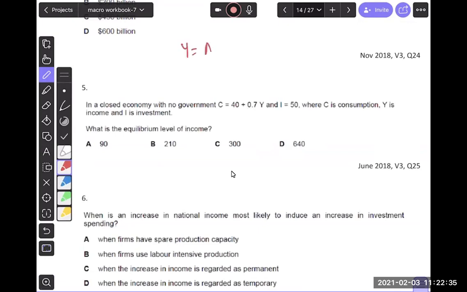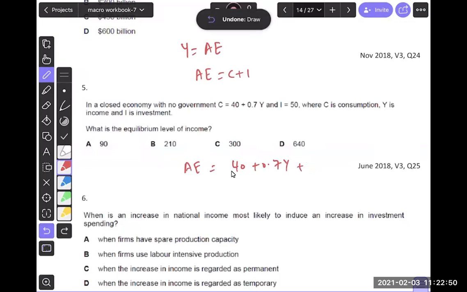Remember, Y equals AE is the equilibrium. And right now, AE is equal to C plus I, right? And AE, therefore, is equal to 40 plus 0.7y plus I, which is equal to what? Plus 50, right? So AE is equal to 90 plus 0.7y.